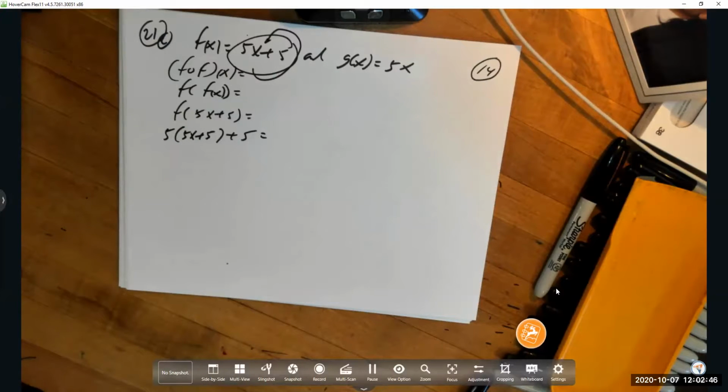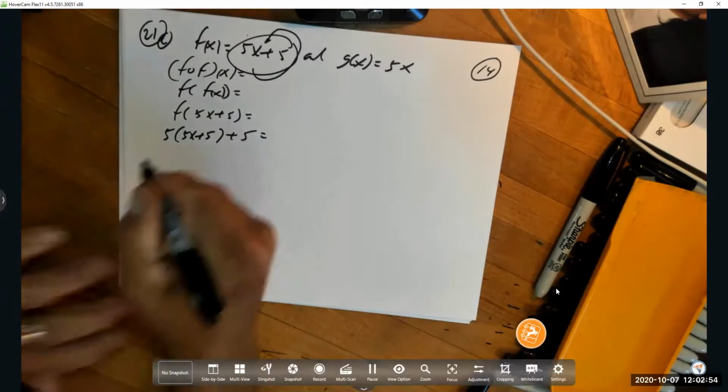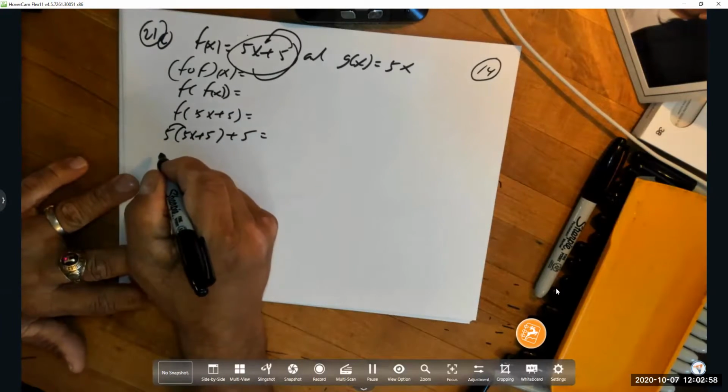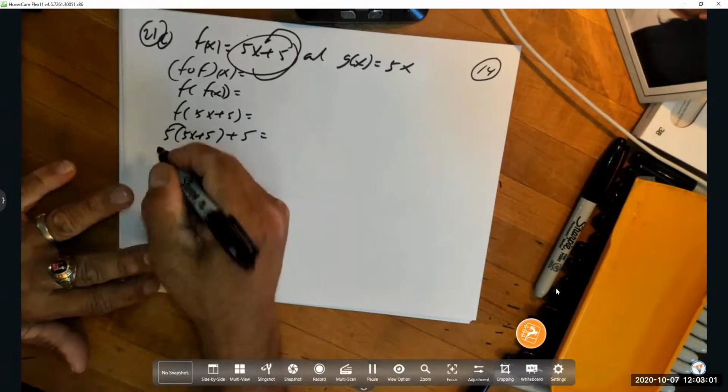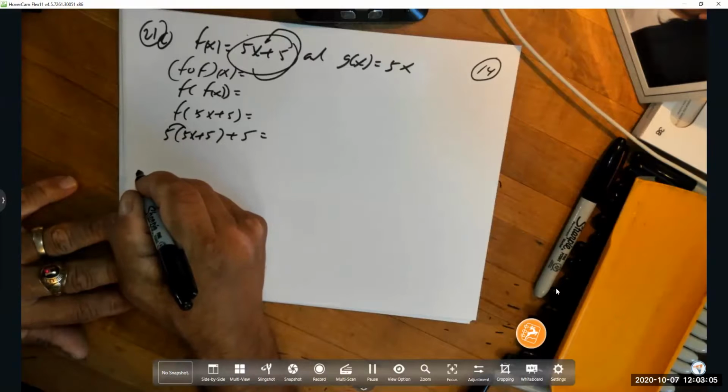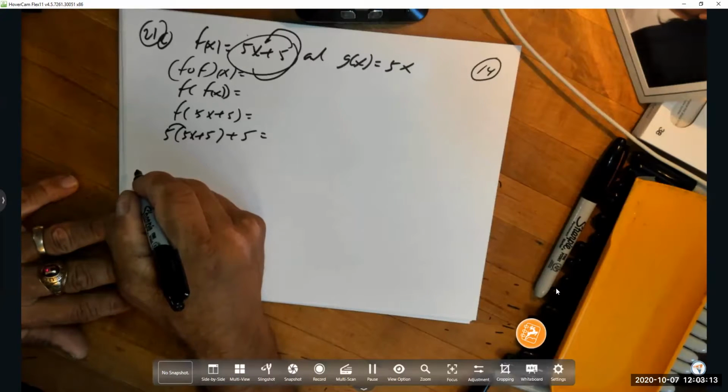So now, can I multiply those numbers right there? Yes. What is it? 5 times 5? 45. Ah, so close. Calculator, do you see calculator? Don't use your head. 25, yes or no? 25.